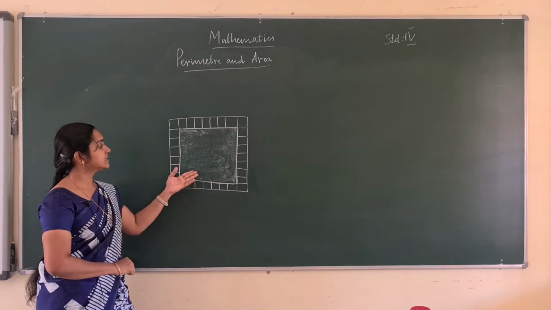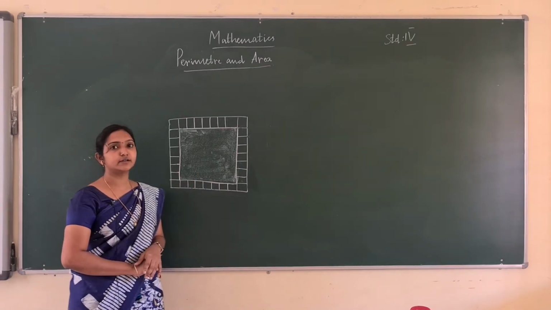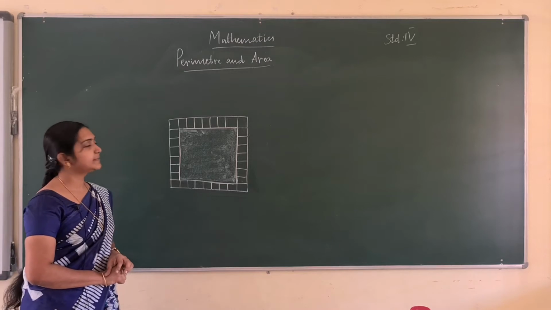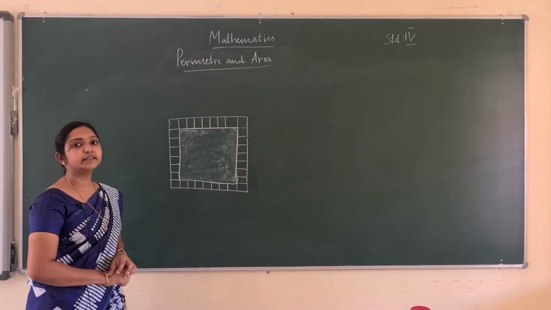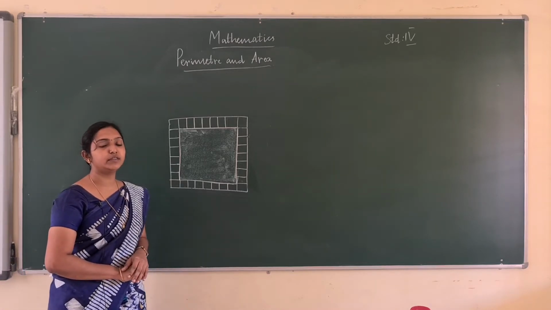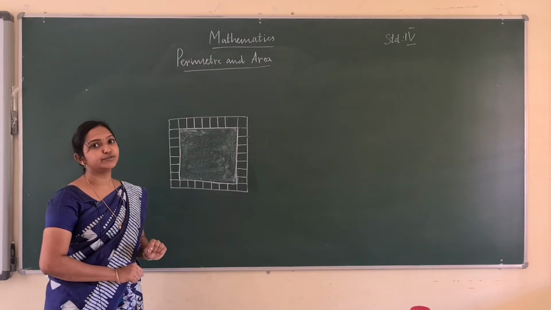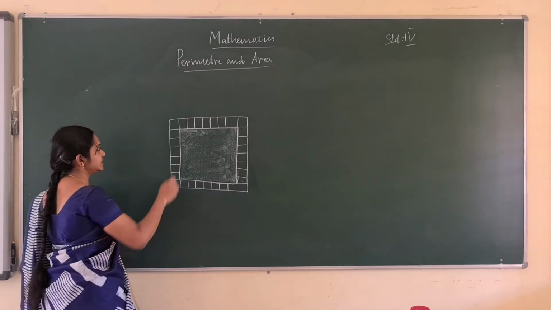Now consider this as an agricultural field. Now we are going to find the perimeter of the field. To find the perimeter we have to count the sides of the unit squares. Count the sides.